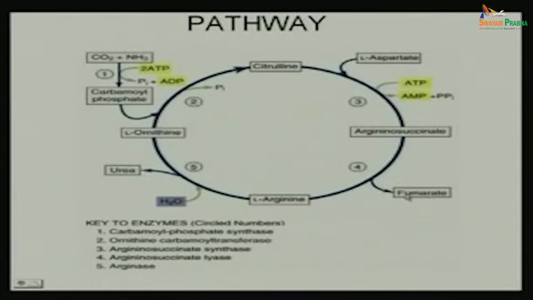We know that fumarate is one of the intermediates of the TCA cycle, so this fumarate enters the TCA cycle. Arginine, which is another product of this cycle, goes forward, and in the presence of the enzyme arginase, it releases urea and another product, ornithine. This ornithine once again enters the mitochondria of the cell.